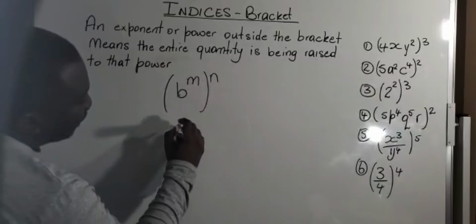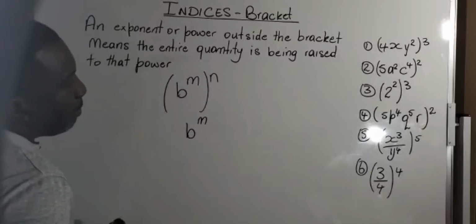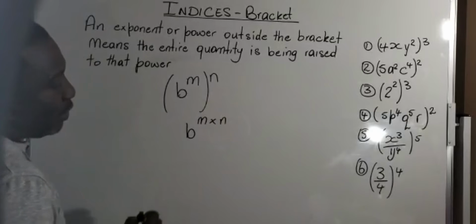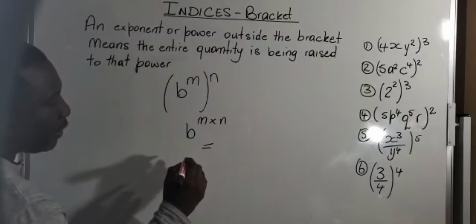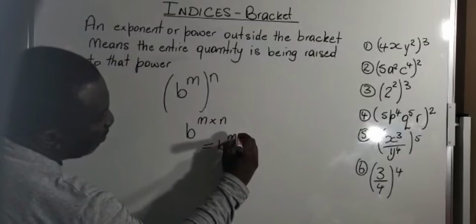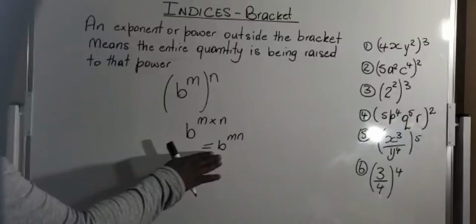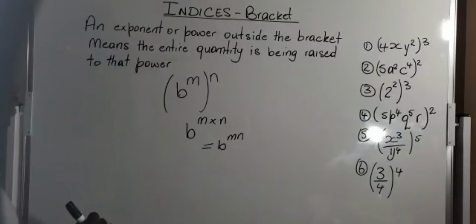So in this case, b being raised to the power m is being multiplied by n, which will result in b to the power mn. So remember guys, we are simplifying the index.